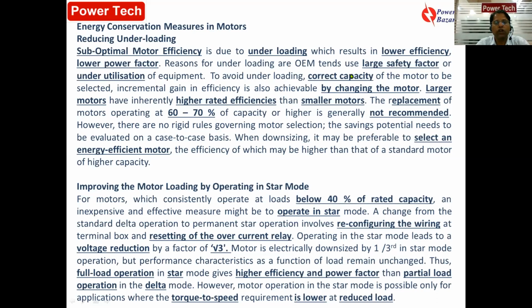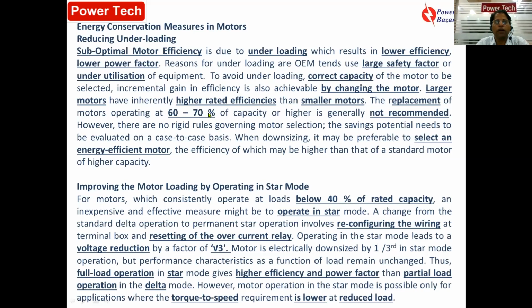We have to use the correct capacity of the motor. Also, we can achieve incremental gain in efficiency by changing the motor from higher size to lower size, so that for lower load requirement we can go for a low rated motor, so that loading will be proper and efficiency will be better.